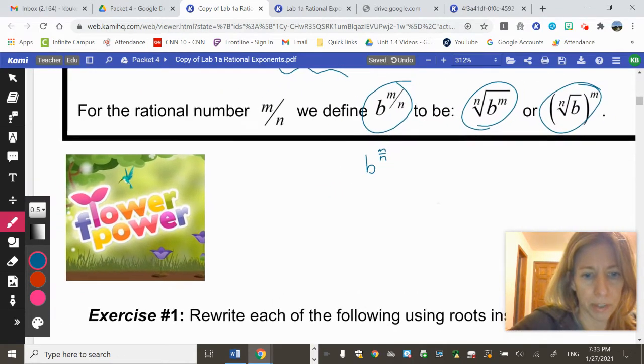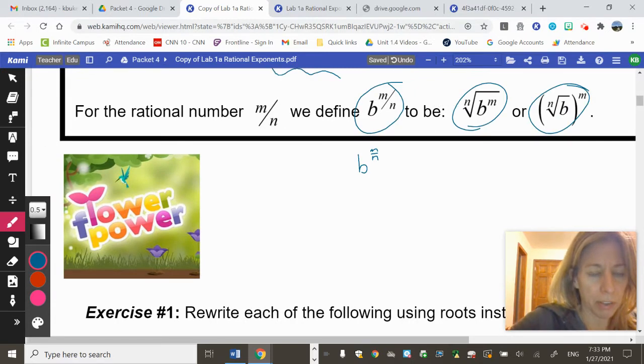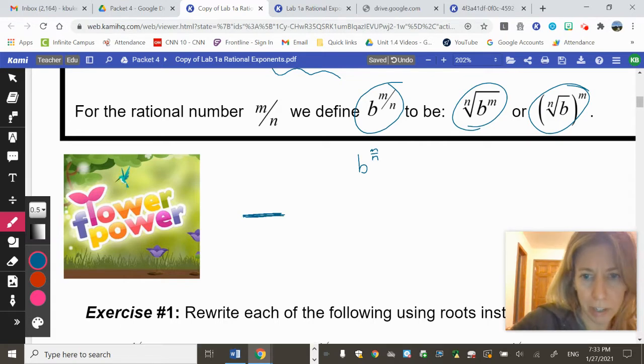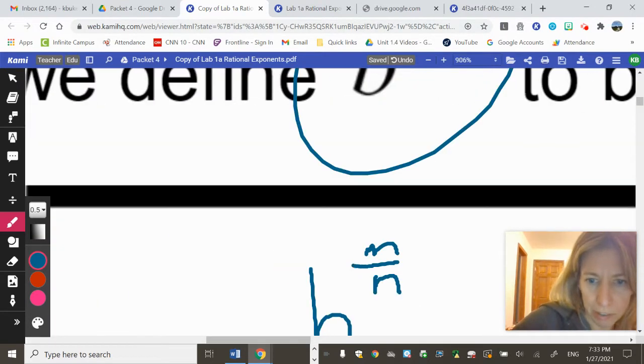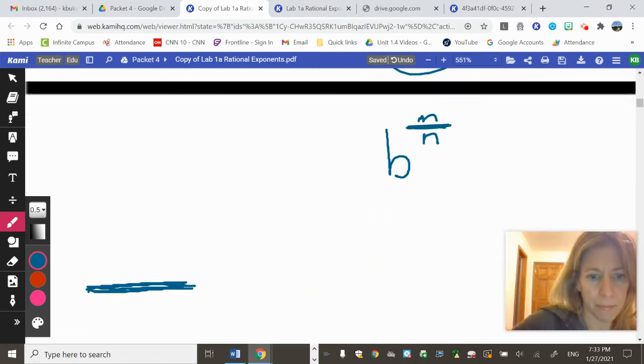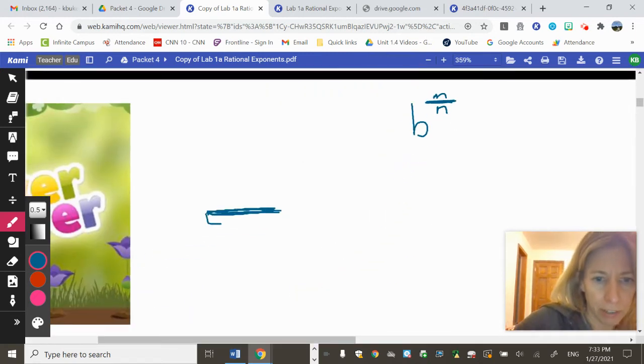Maybe you're wondering why we have this flower power thing over here. I'm going to talk about that real quick. If I have a fraction bar, okay, this fraction bar is kind of the same as this. If I draw a little flower pot here, below the bar would be the roots.